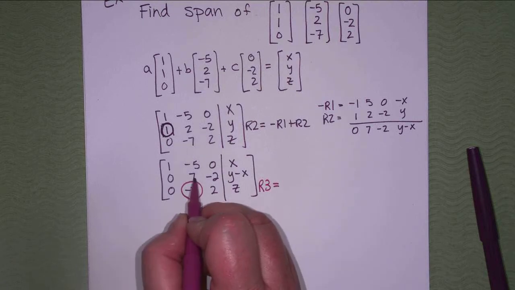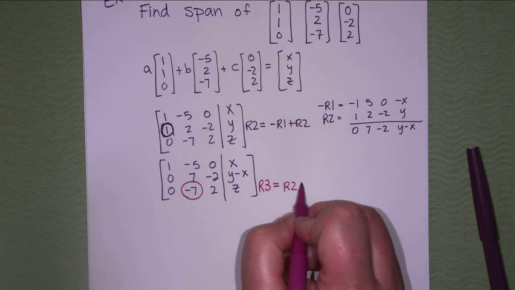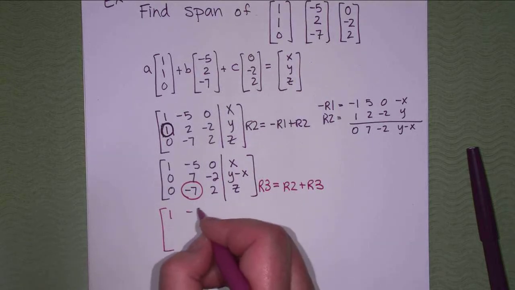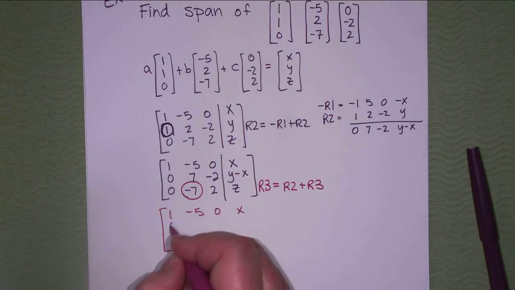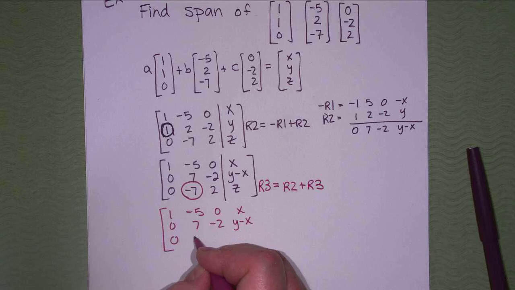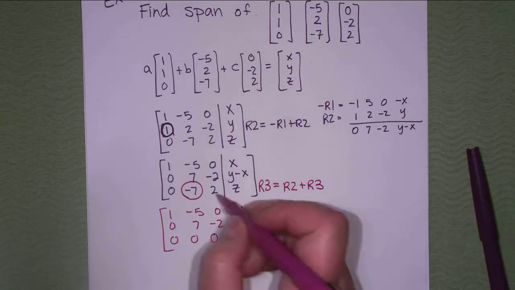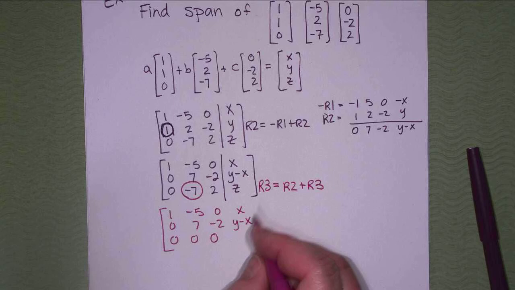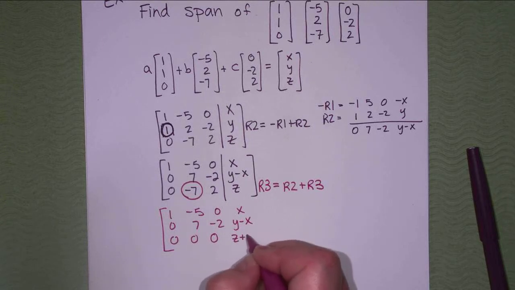Row 2 has to be a positive 7, it already is. So row 2 plus row 3. So I'm adding these. That's a 0, that's a 0. What would I have here if I add them? z plus y minus x.